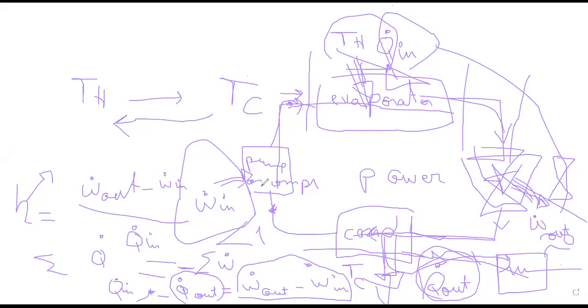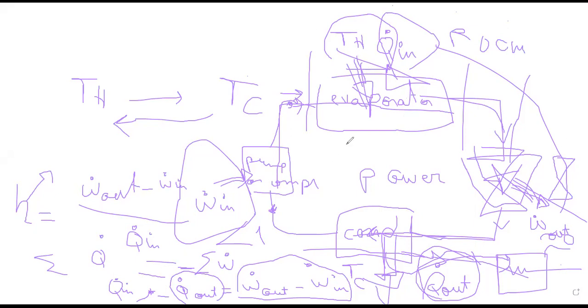And I can operate this system in two ways. I can use it as a refrigerator to cool my room or as a heat pump to warm my room. So for example, in summer, your HVAC system will operate in a way that the room is on the side of the evaporator.